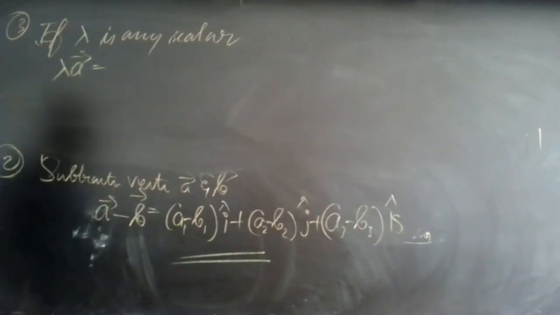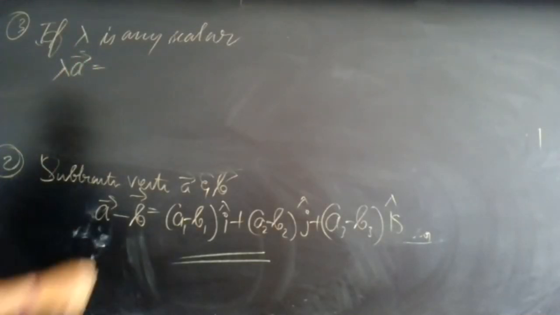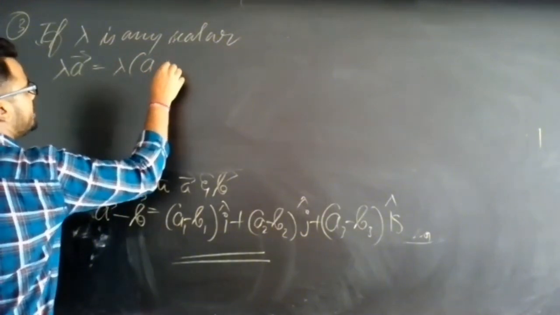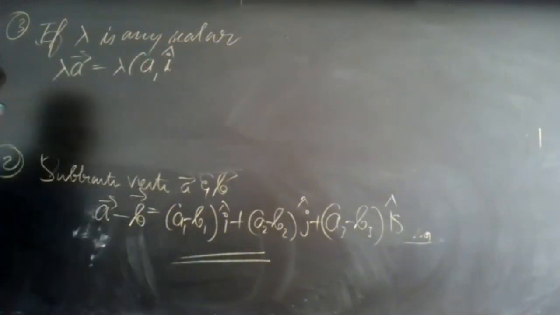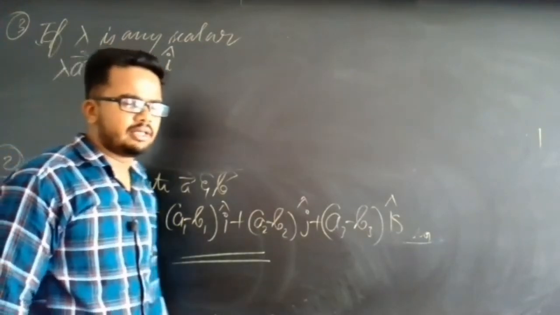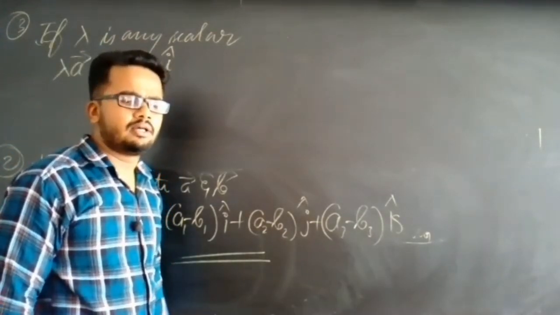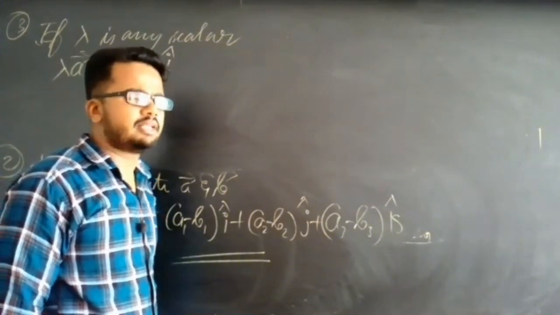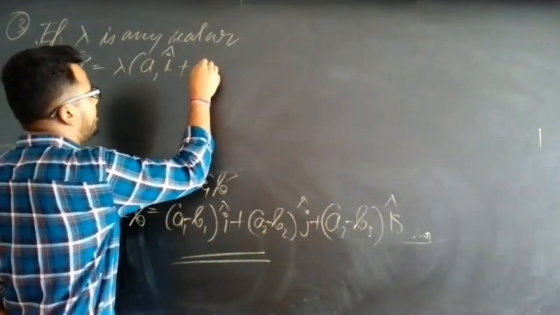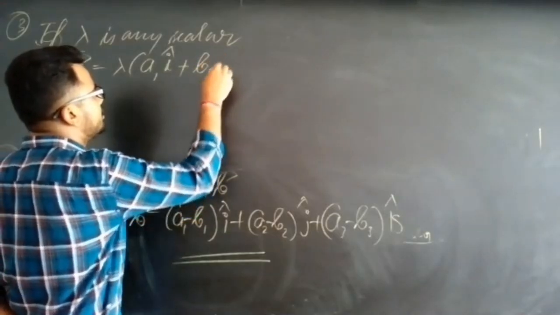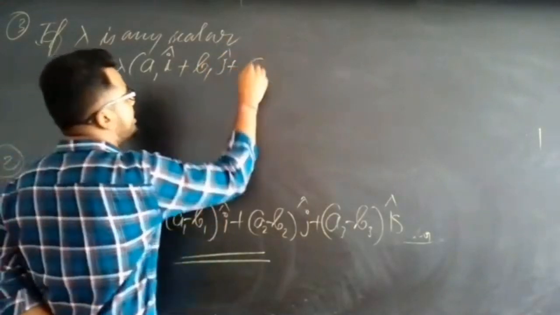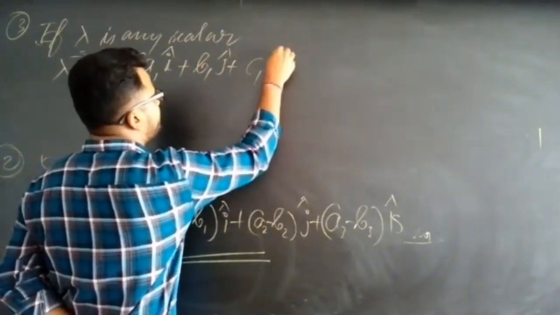Lambda into vector A, where A is A1 i cap plus B1 j cap plus C1 k cap.